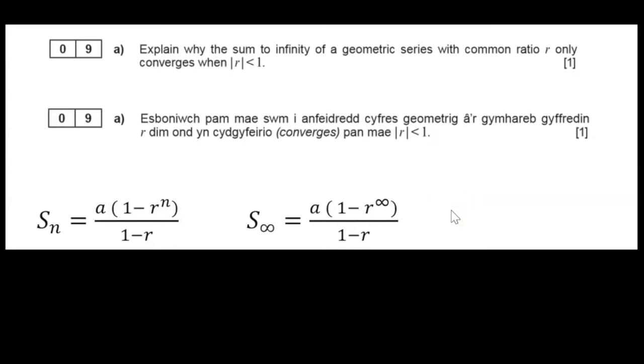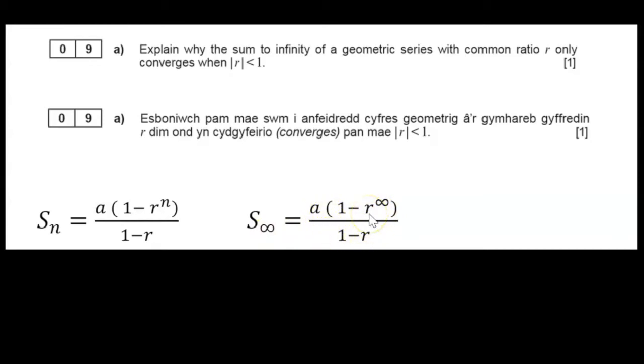It's getting smaller and smaller, so this series would converge. This would also happen if r was a negative fraction which was greater than minus 1. So if r has a modulus less than 1, this series will converge to a over 1 minus r.